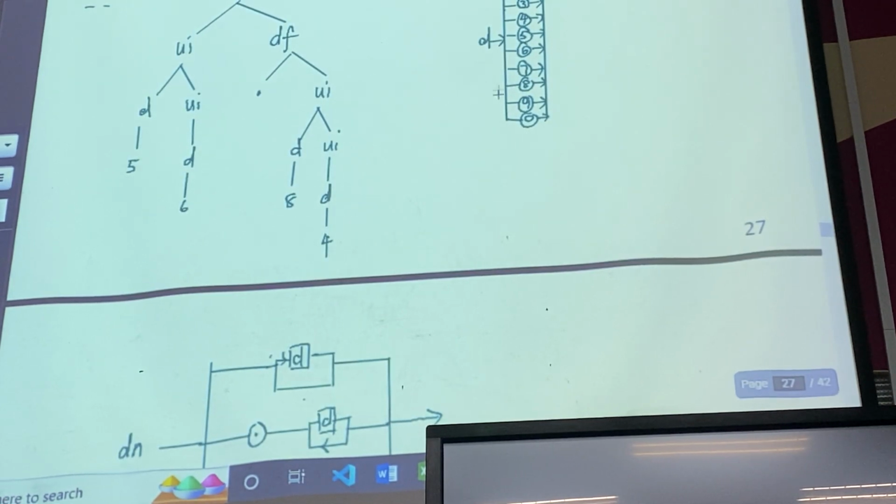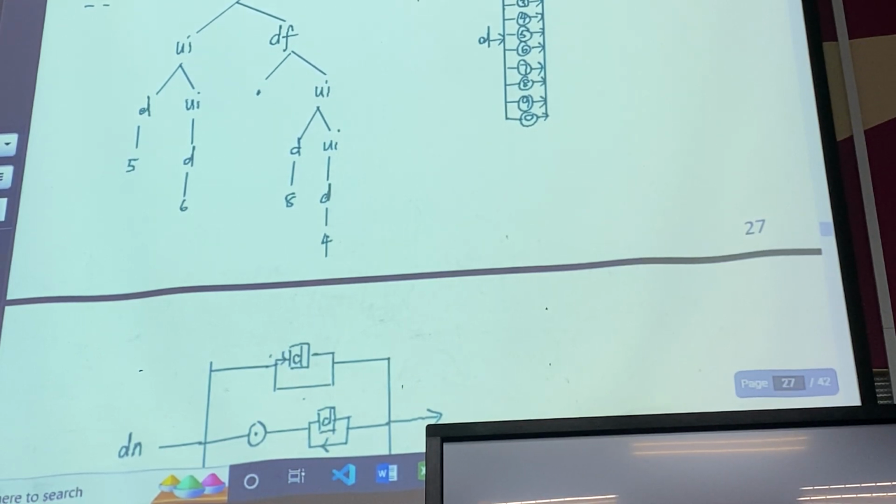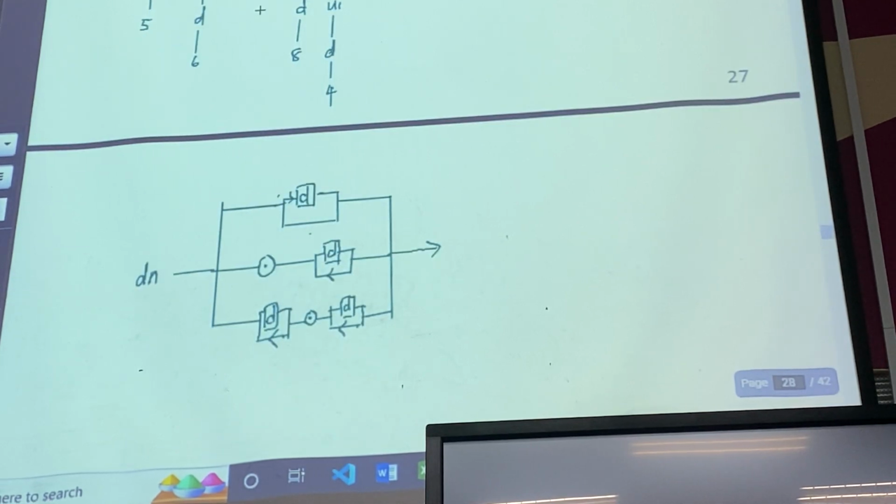This whole thing, you draw yourself. So this one, the digit, you need to replace with 0, 1, 2, 3, 4, 5, 6, 7, 8, 9. Every digit here, you need to replace with this 9 digit. Then only that is the complete master diagram.